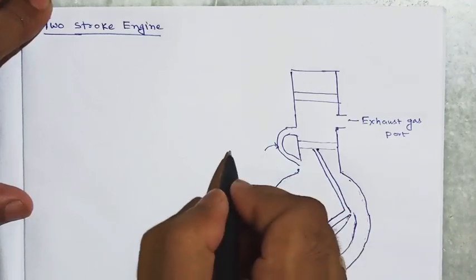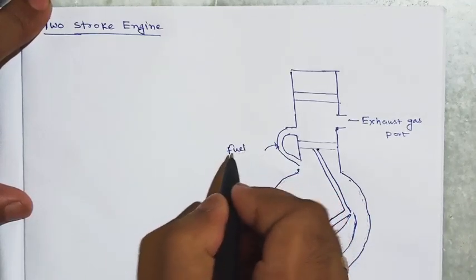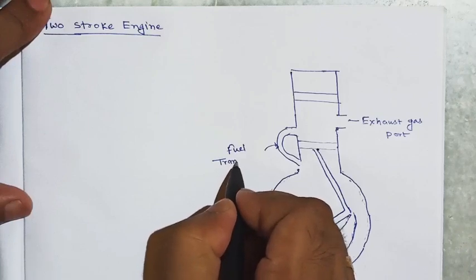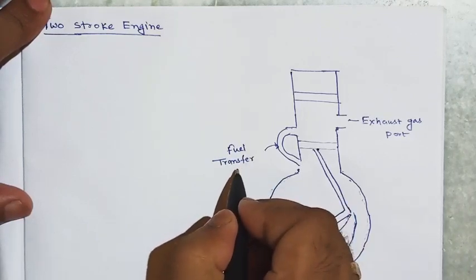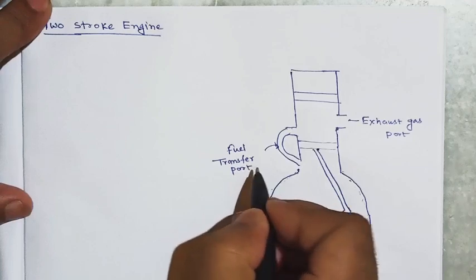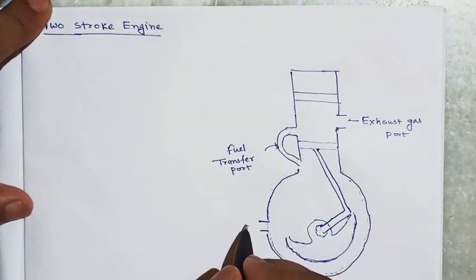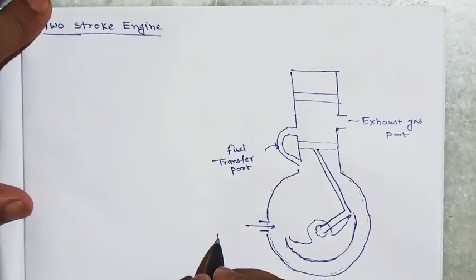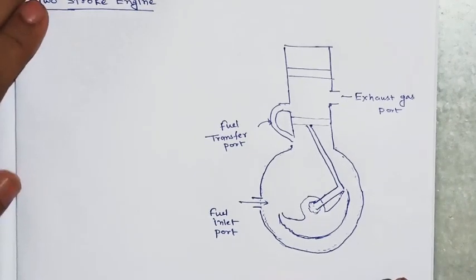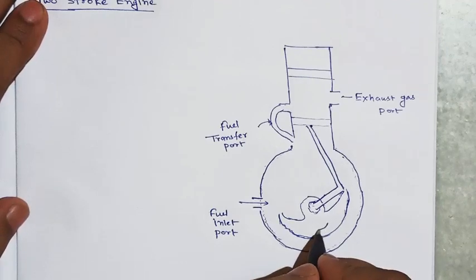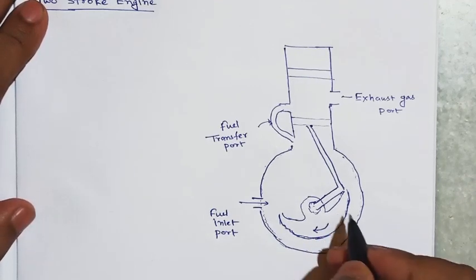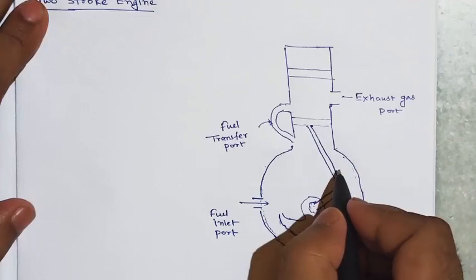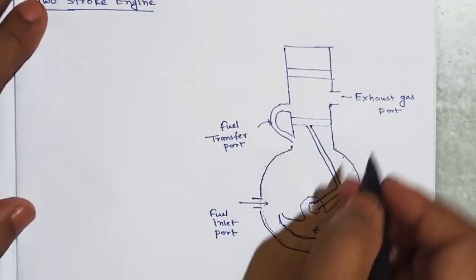This is the fuel transfer port. This is the fuel inlet port. Now it can rotate, which is the crank, and this is the connecting rod, and this is the piston.